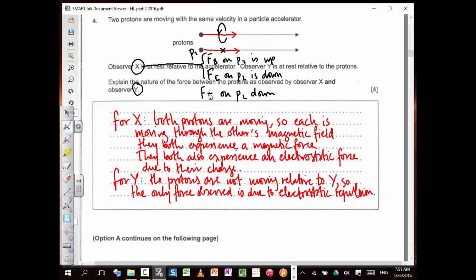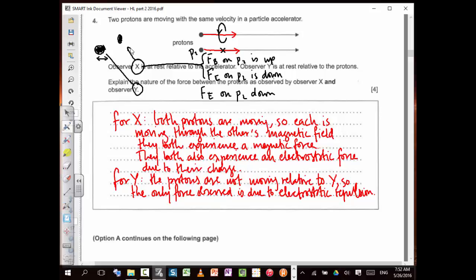So for X, the protons will look like this, with all the charge concentrated in a much smaller area, whereas for Y, the protons will have this shape, and so the charge will be spread out more. Because the charge is concentrated over a smaller area for X, it means that there'll be a stronger force acting on those protons, so the electric force will be a little bit bigger.